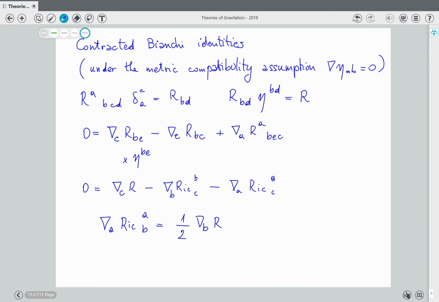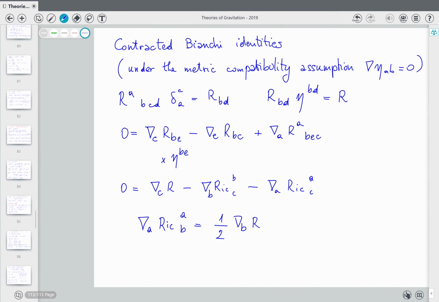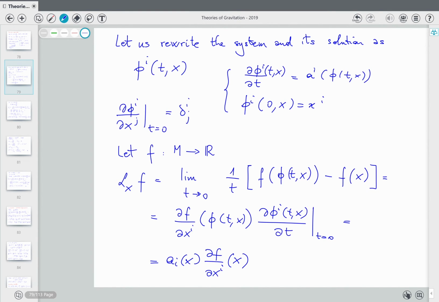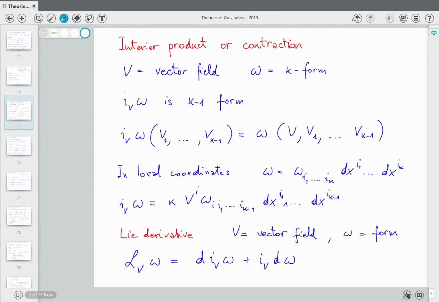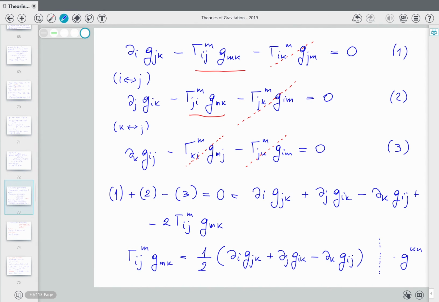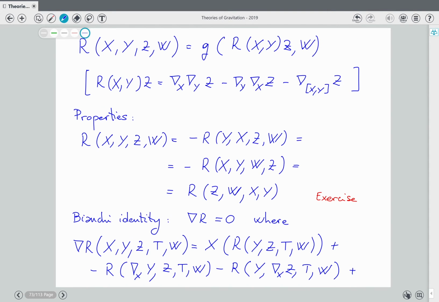Yeah, concerning the symmetry properties, let me recall, yes, there was an exercise actually. It was more on the Riemann tensor, but let's check that. Here. So when you have the Riemann tensor, you have these interesting symmetry properties, which you should have proved by means of this exercise.